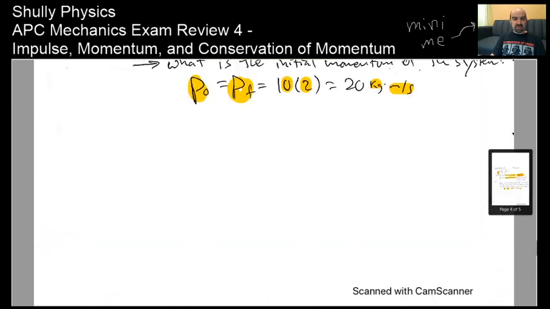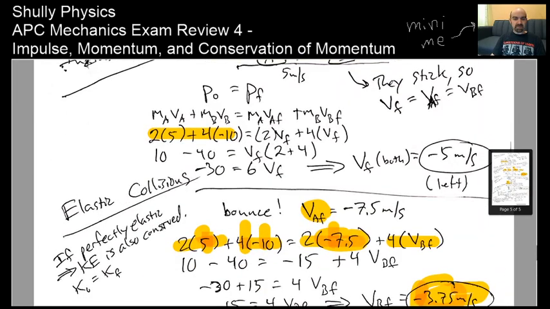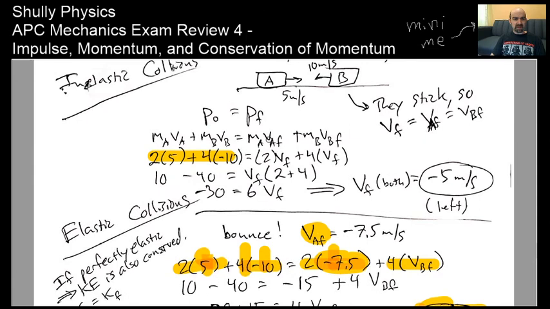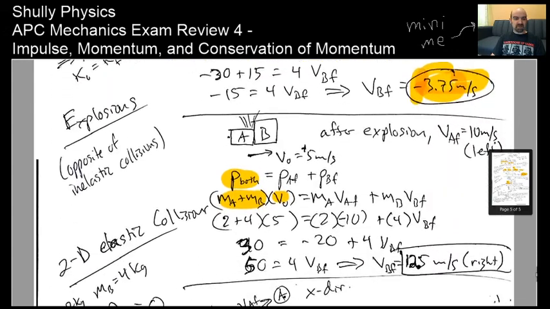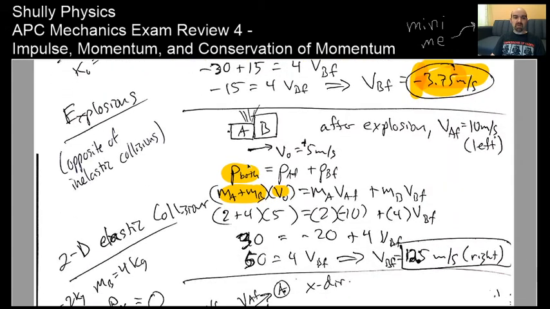Just to compare that with the inelastic collision, we had mass A plus mass B times V final at the end equals their individual initial momenta. But here in this case with an explosion, you've got the two objects together to begin with and they split apart into two individual momenta.